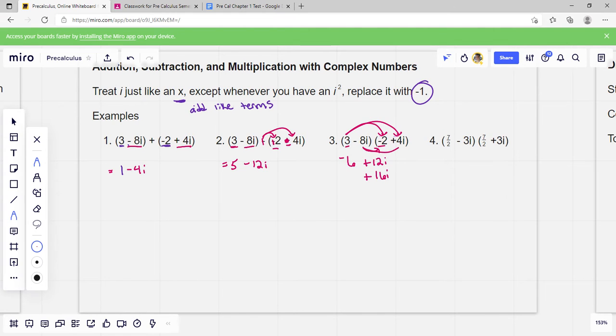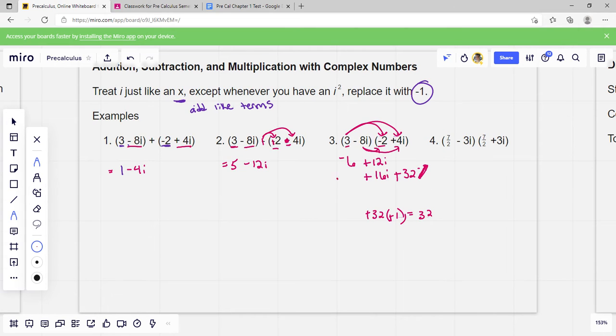And then we're going to multiply here. Now, we're going to have a negative, and 8 times 4 is 32. And that would be i times i, so i squared. Now, i squared is really negative 1, so that means that it would be negative 32 times negative 1. Negative 1 just means change the sign, right? So it would equal positive 32, and all this i would be gone.